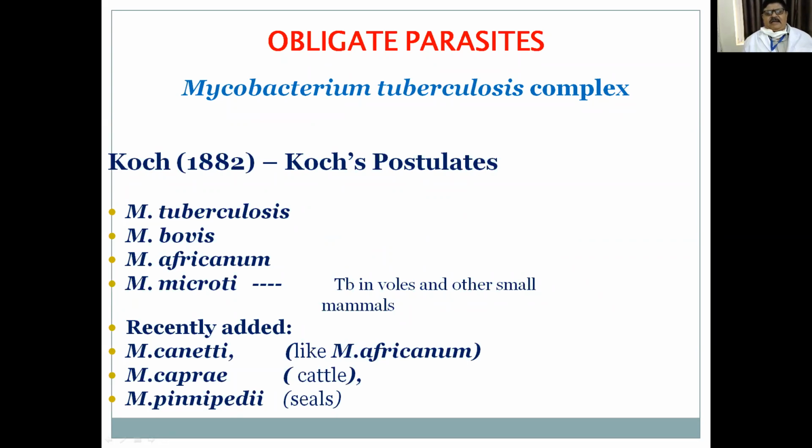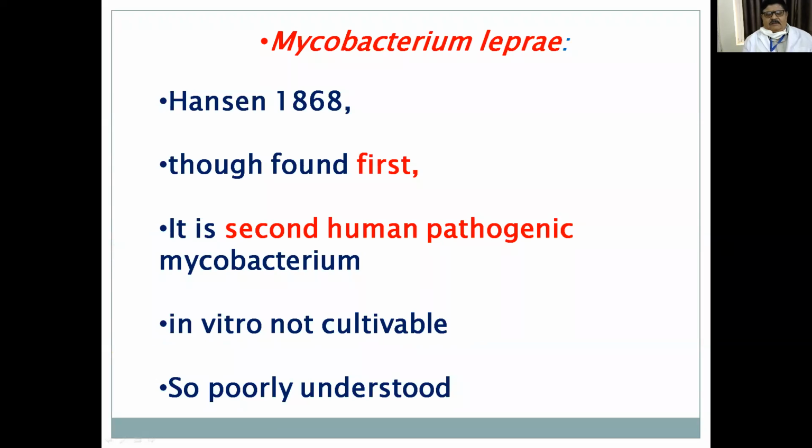Recently, some are added, like canettii, caprae, pinnipedii. It's only for completion's sake. It's not as if you should remember all these things. Though Mycobacterium leprae is not under this, it was found out first. But still, it is the second human pathogenic Mycobacterium because it is not cultivable in vitro.